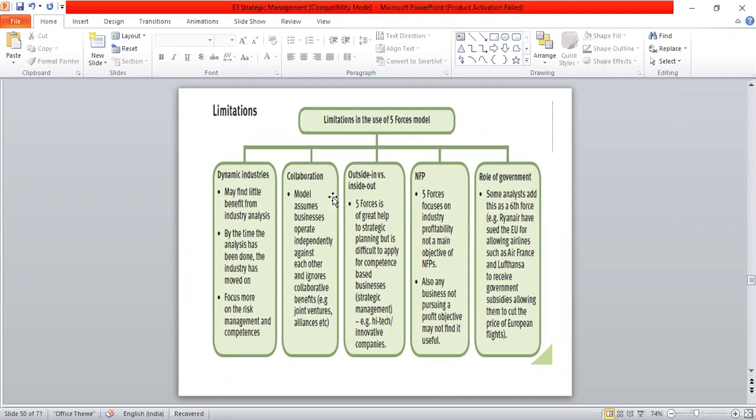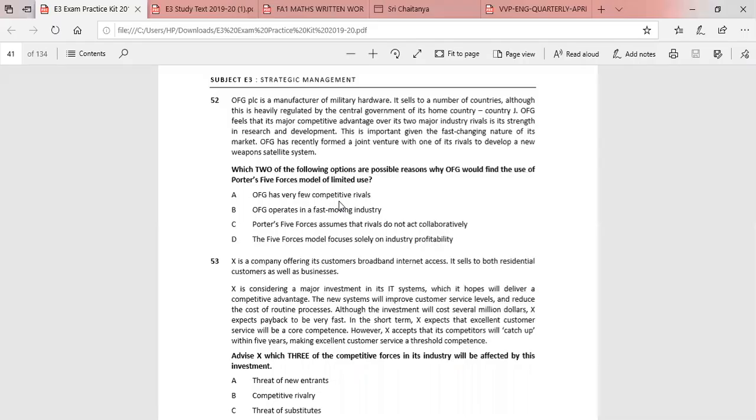So, which two of the following options are possible reasons why OFG would find the use of Porter's five forces model of limited use? So, which two of them are appropriate?